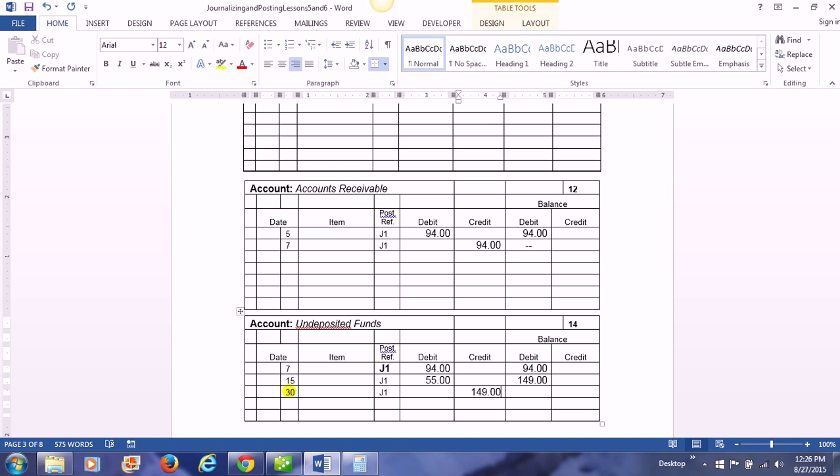So if we credit the undeposited funds account for $149 and calculate a new balance, it had a debit balance, so that means that it is zeroed out. So that's how our cash sales, and any cash received will work, and how a deposit will look.